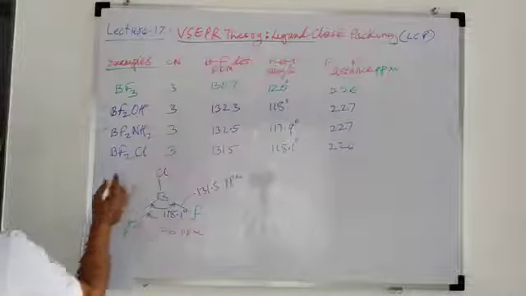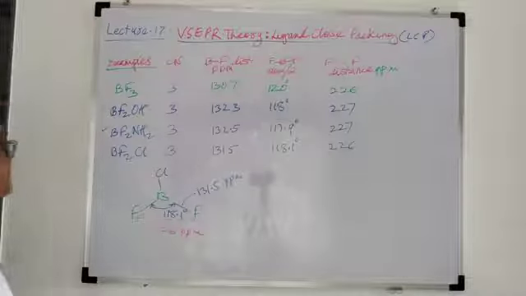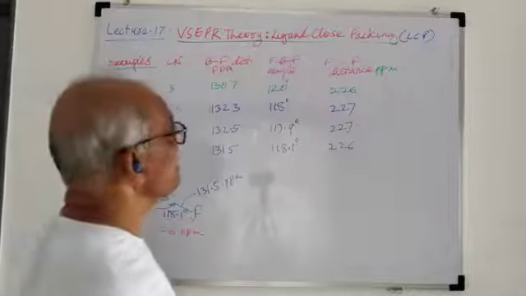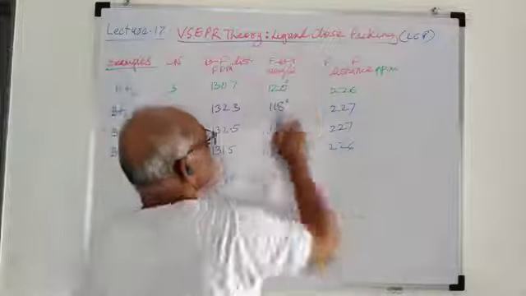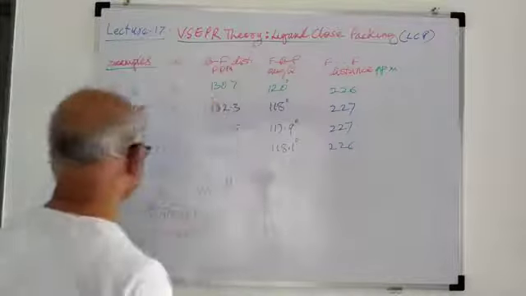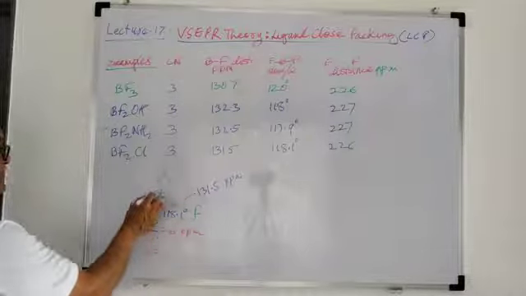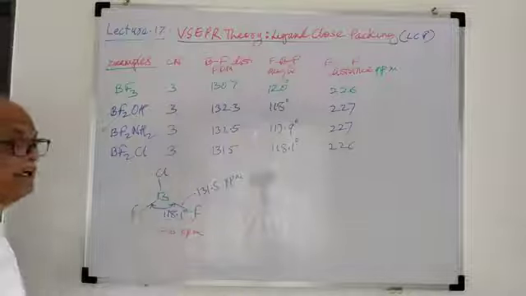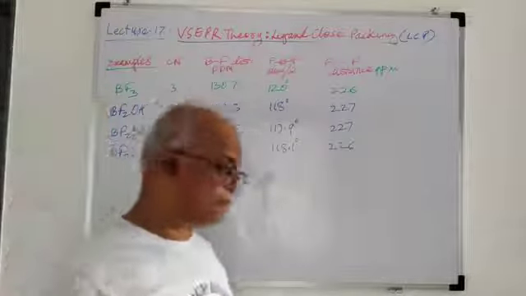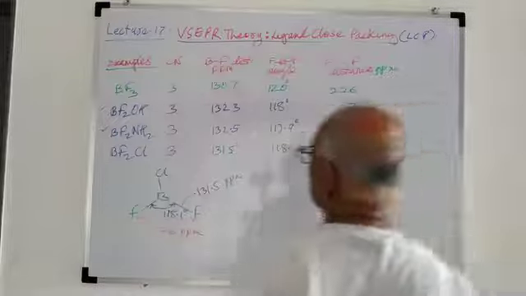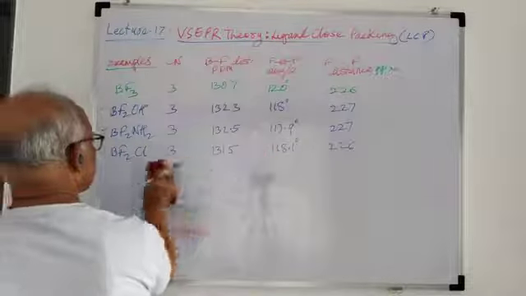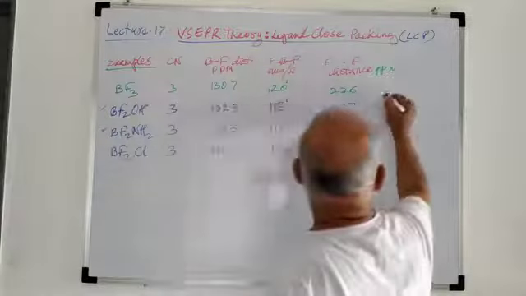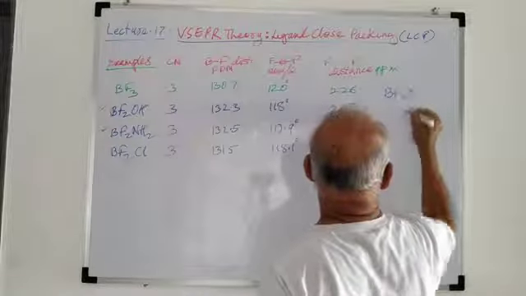This is because of the electronegative properties and lone pairs of electrons, that is because of the ligand close packing. So this is showing an effect on these bond pairs of fluorines, and this one is a slight change. So this is the example of BF2X type compounds.